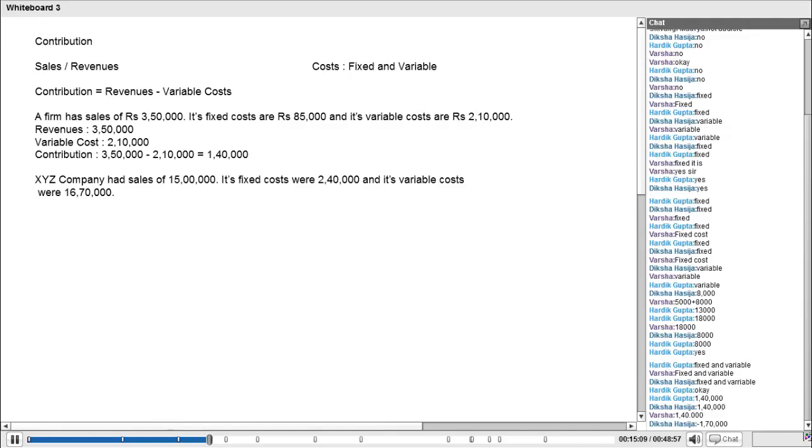So which is 36 lakhs is the revenue minus 23 lakhs 80,000. So his contribution in this case is rupees 12 lakhs 20,000. Is that clear? Okay, let's move to the next exercise.